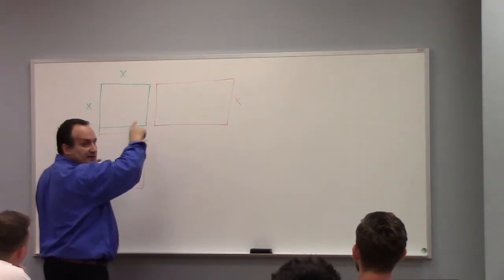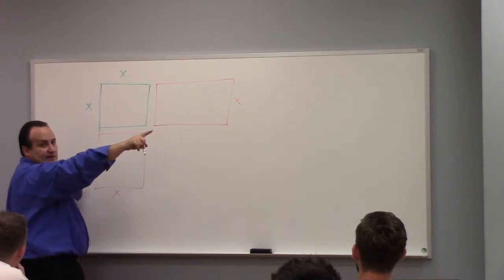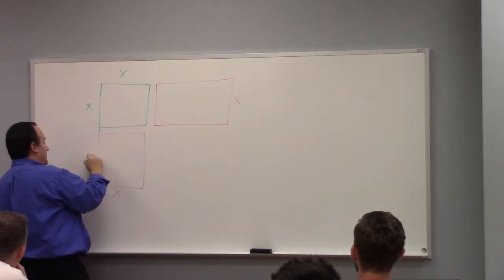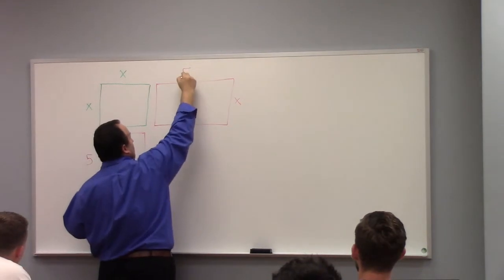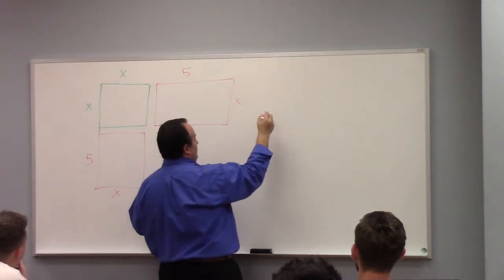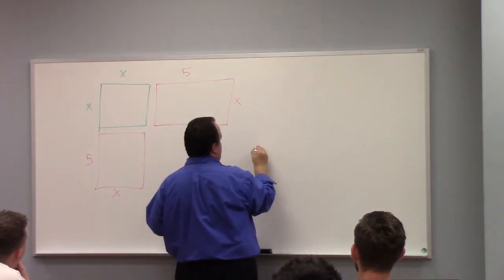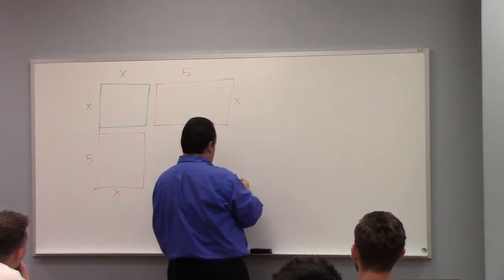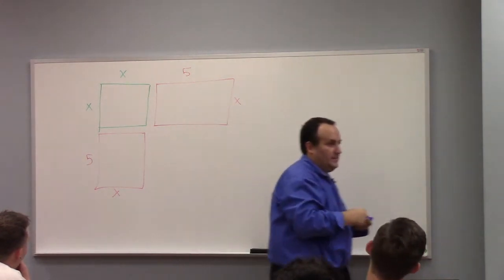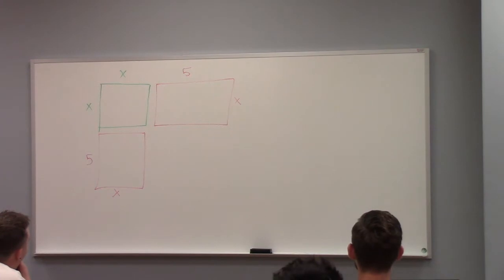How long are these sides now? They were 10 over there. Now they're 5, right? So as it stands, what's currently on the board would be 39 units of area, right?